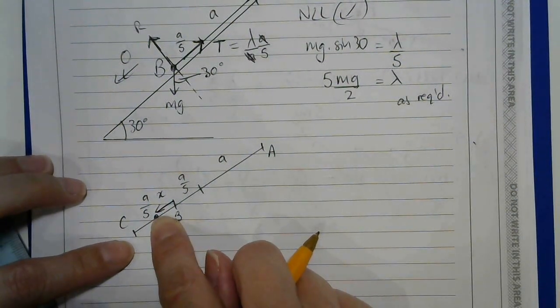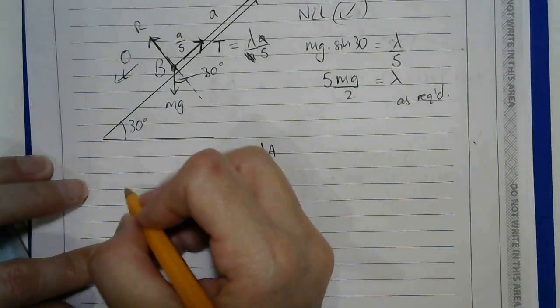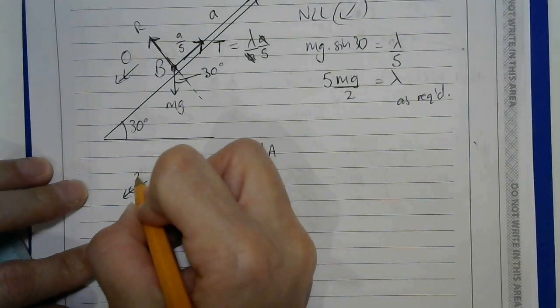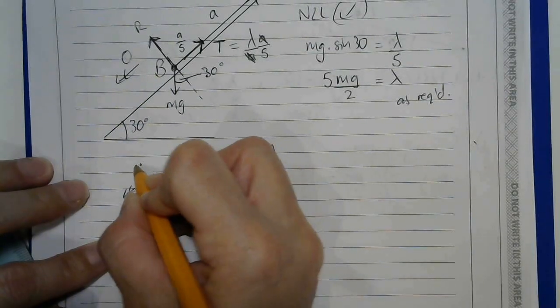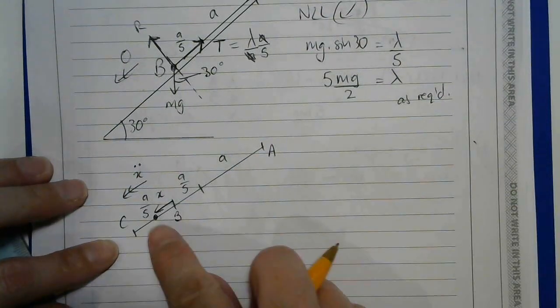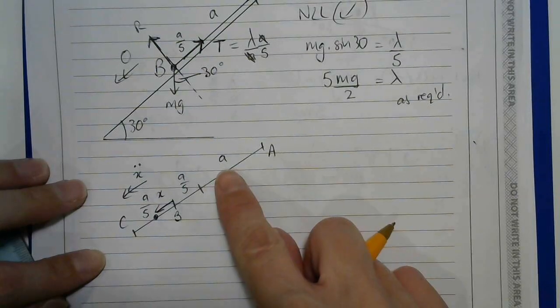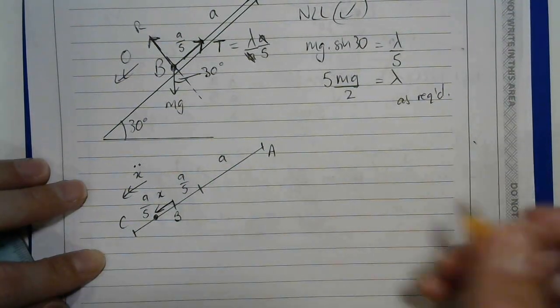At that point, the acceleration will be down the slope, x double dot, and so I will do the forces down the slope minus the forces up the slope equals mass times acceleration.